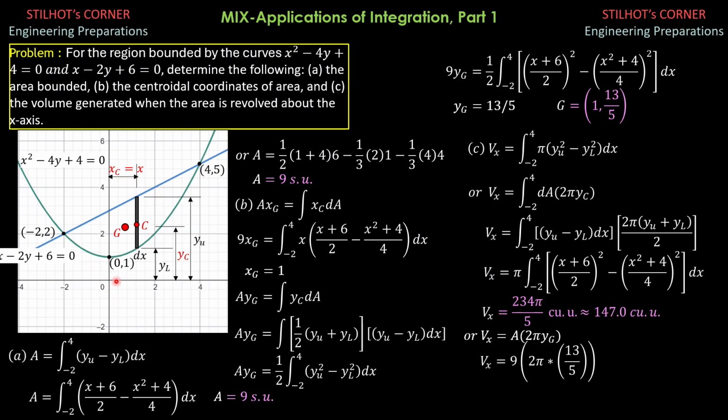So meaning that it fails when the region is revolved about the y-axis. It may be revolved about any other axis not intersecting the area. So this volume is the same, 234 pi over 5 cubic units, or 147.0 cubic units. So that's it for this video.